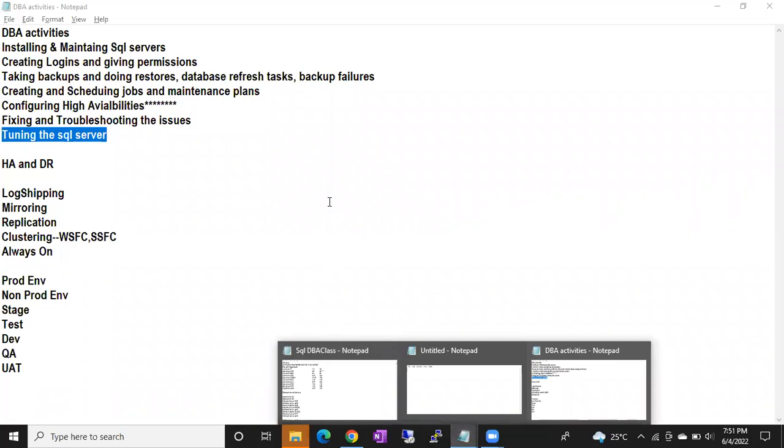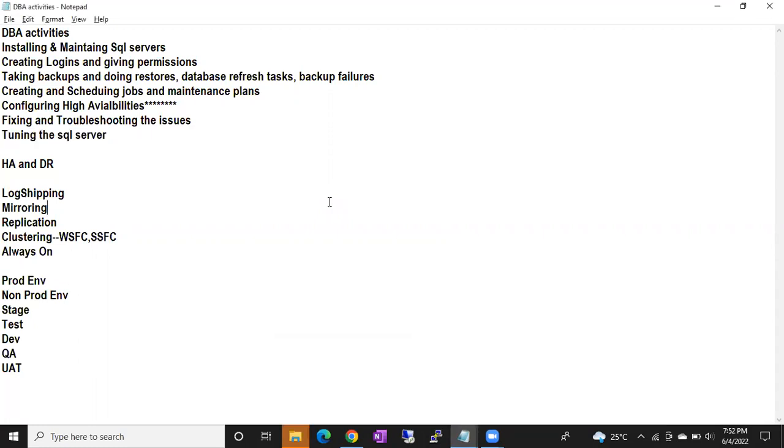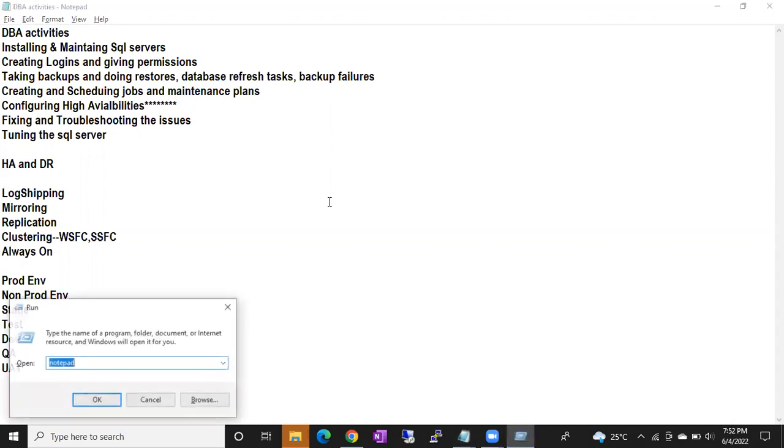How do we identify whether it is a prod server or a non-prod server? Very good question. This is not a standard procedure. Our SQL Server doesn't have any emblem saying this is a production server or a non-production server. The same SQL Server software is used. If you install the software in the production environment, that is production, and if you install it in a non-production server, that is a non-prod server. In organizations, people follow different standards.